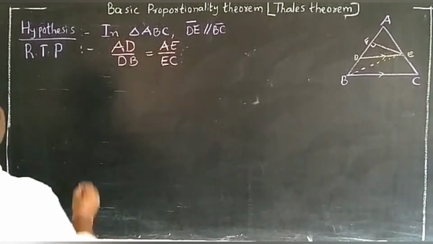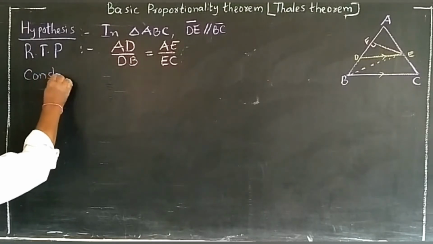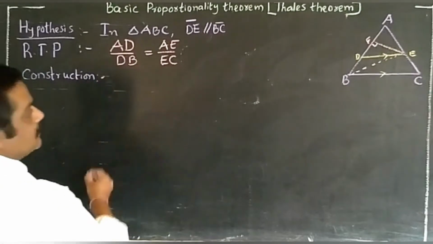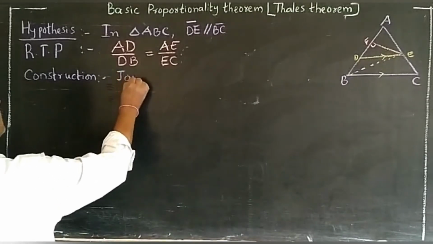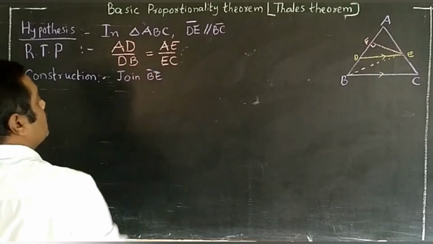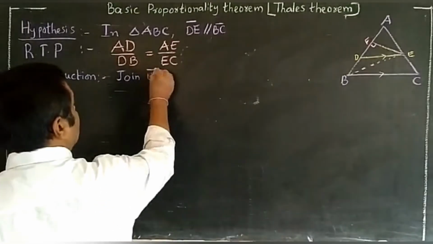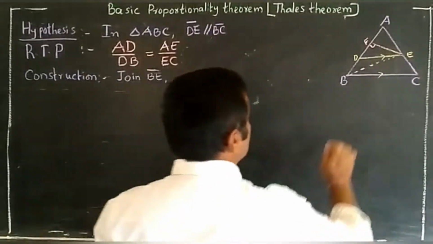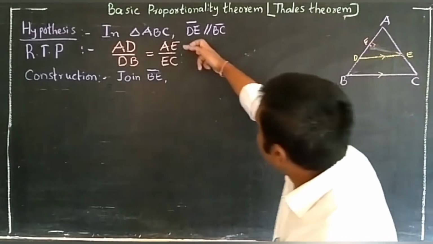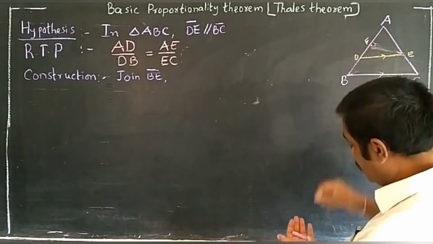So that is the construction part: join BE. In the same way, here AE is a base and EC is a base, and on AE there is a triangle, and on EC also we need a triangle.